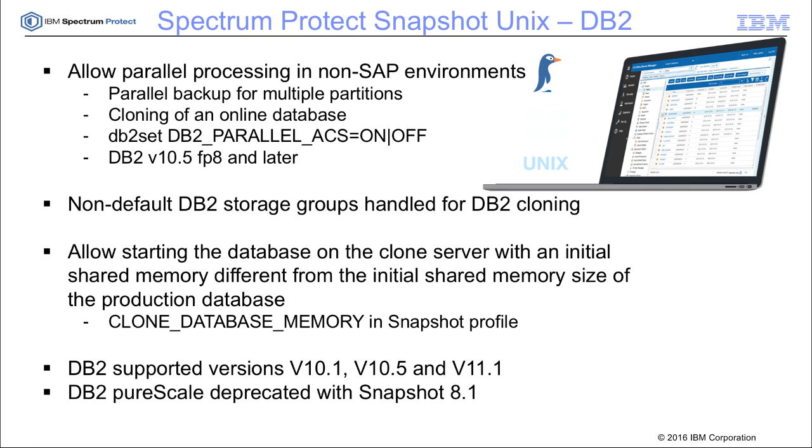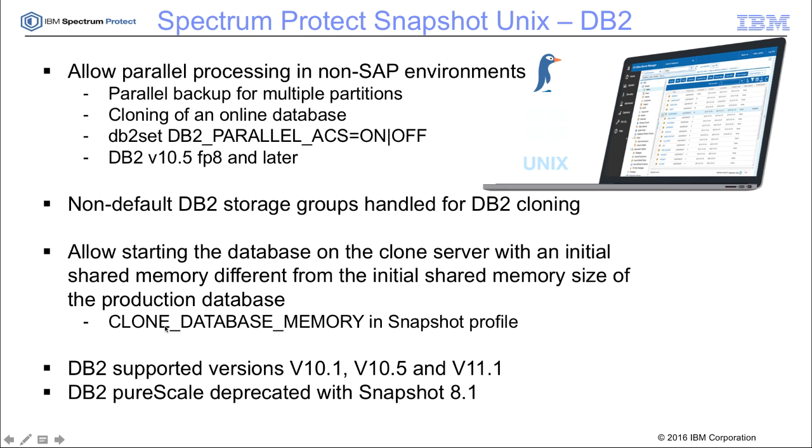Another feature that was added, or an additional parameter, is for cases in which, when you clone a database, you want to change the initial shared memory size on the clone, because maybe you have a smaller system that you're moving the database to or cloning it to.